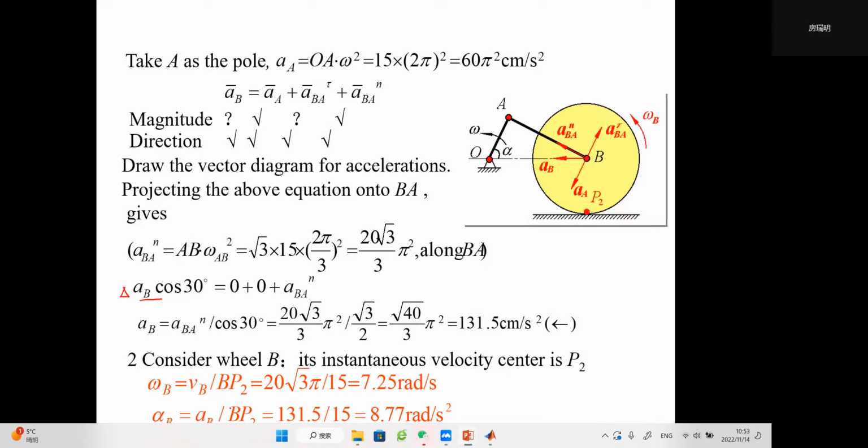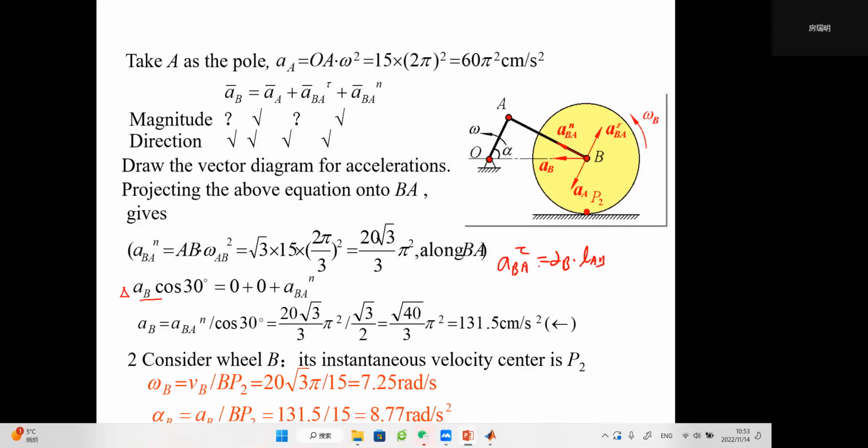Actually, here it uses another conclusion. I have told you we can give a vertical direction, axis 1. We just need to project this whole vector equation onto that axis. Then we can find ABAτ, because ABAτ equals alpha B times LAB.